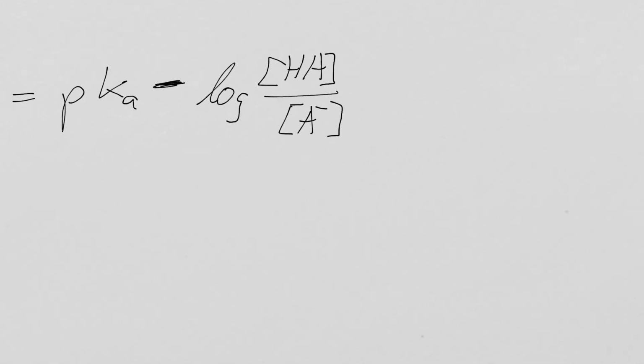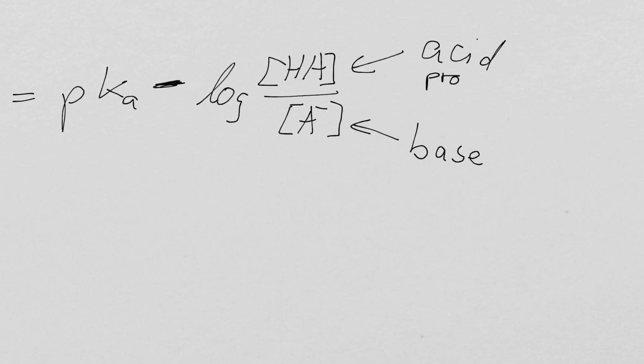And this HA is the acid, and A minus is the base. Or some people call this the protonated form. And that is the unprotonated form.